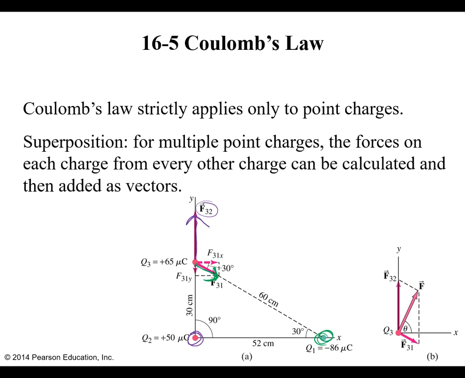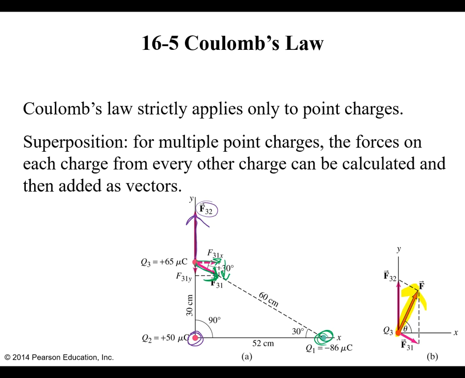And yes, it's in 2 dimensions, which means now we're dealing with a vector in 2 dimensions. We need to deal with vector addition. If you do not remember vector addition, you can go back to the beginning of chapter 3 in your textbook. I will also post a couple of vector videos just as a review for you to follow. So we deal with vector addition, and we end up with a total force that looks like this.